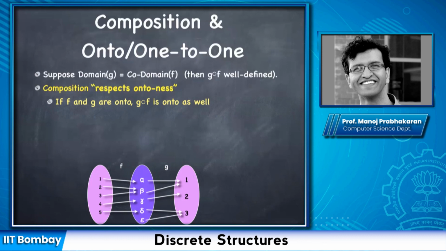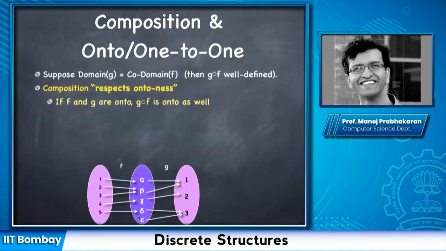It's not an if and only if condition though. Suppose I added one more element, epsilon, to the codomain of F and domain of G. And to keep G a function, I said, okay, G of epsilon is 3. Then suddenly, F is not onto anymore. Okay?